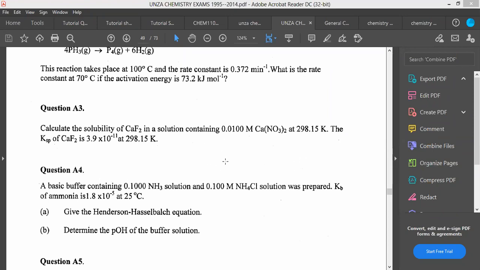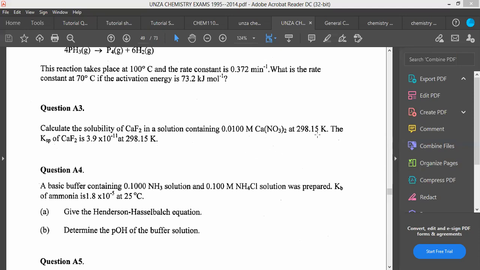Now, Ksp equals the concentration of Ca2+ multiplied by the concentration of F minus raised to the power 2. Placing in your values, you have 3.9 times 10 to the negative 11 equals x multiplied by 2x raised to the power 2.